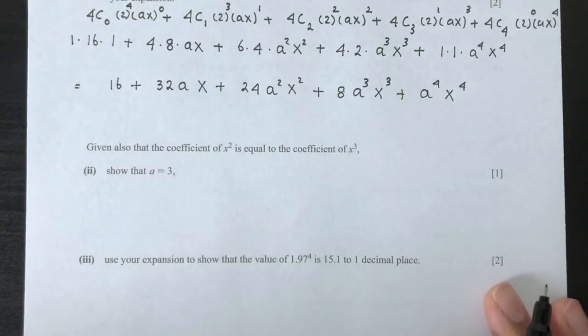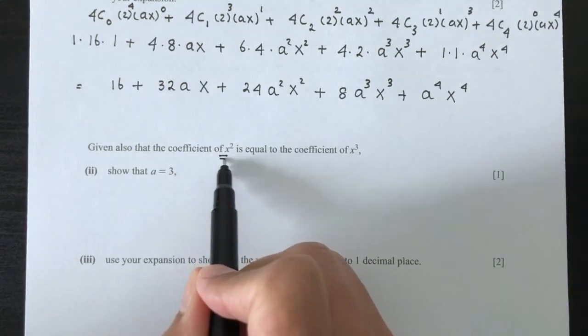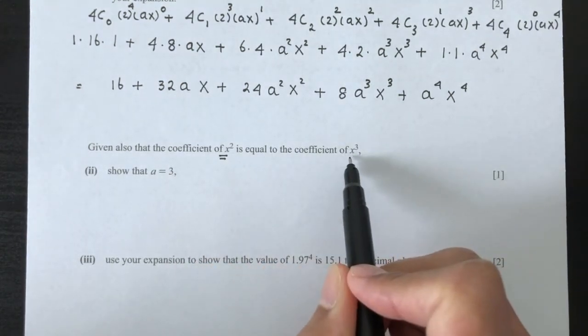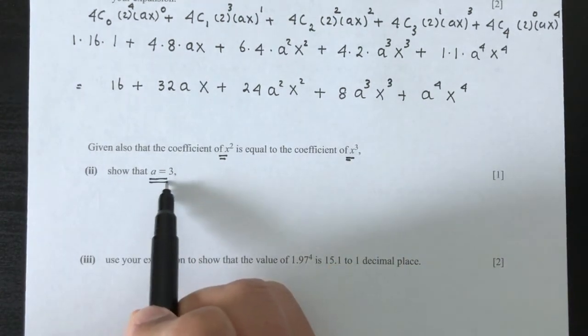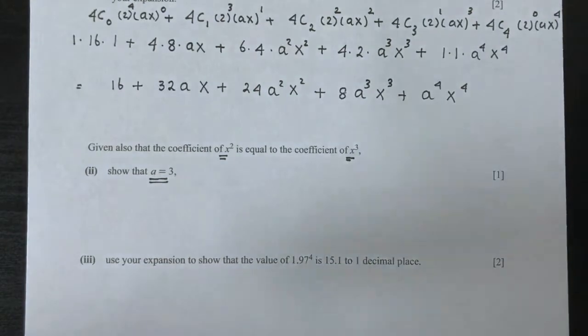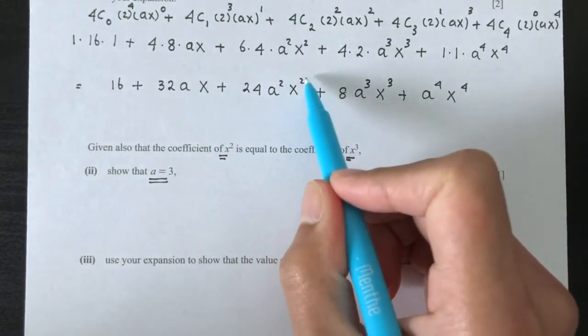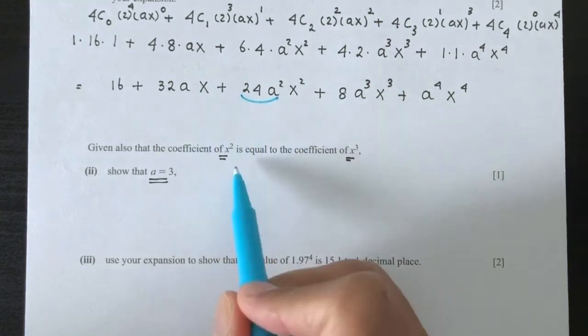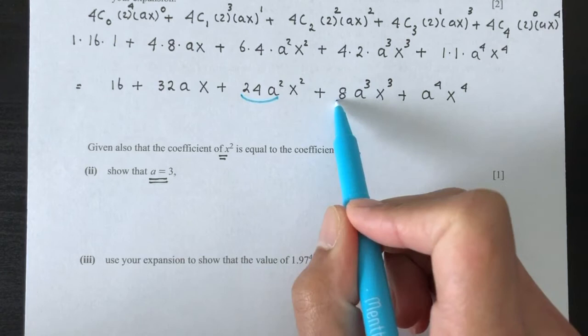Now what do we have now? I say is part 2. Given also that the coefficient of x squared is equal to the coefficient of x cube, show that a is equal to 3. So first, what is the coefficient of x squared? You observe x squared is here, coefficient will be this, is equal to the coefficient of x cube is here, that will be this.